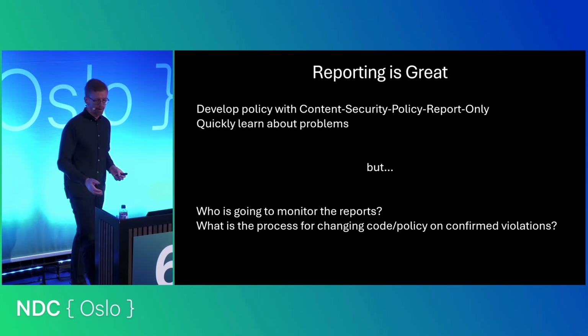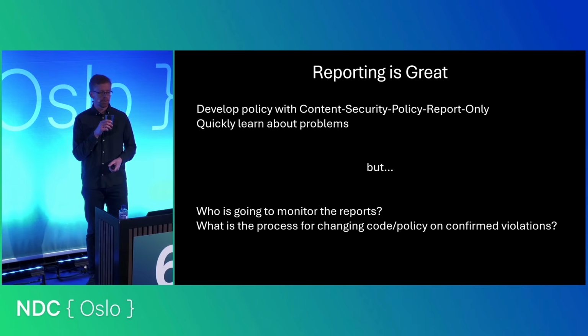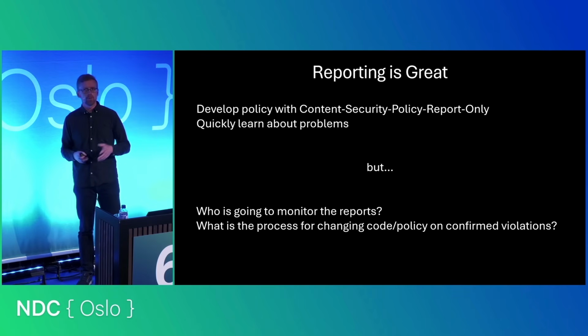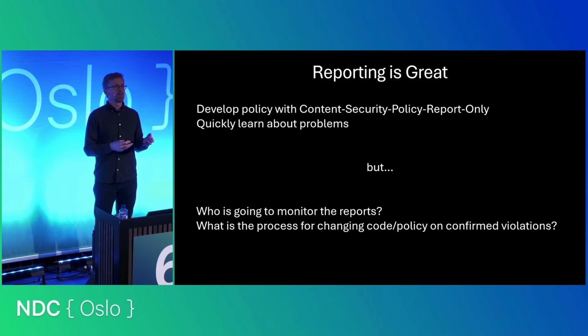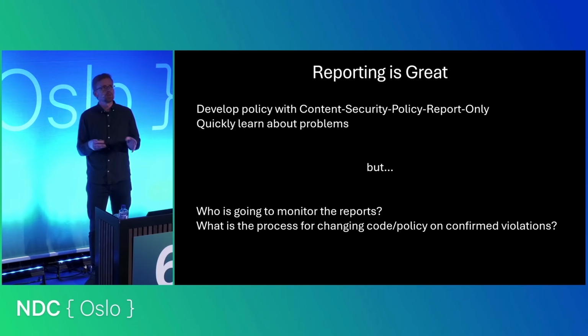So reporting is great. I have used it a lot and also abused it a lot. You can read about that on my blog. It allows you to quickly develop a policy. Now, in the example that I gave, the demo, I used content security policy, just the enforced version. You could also use the report-only version.